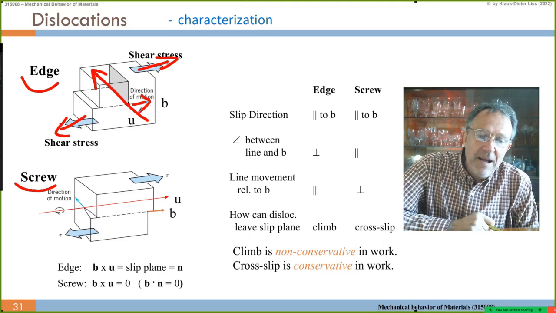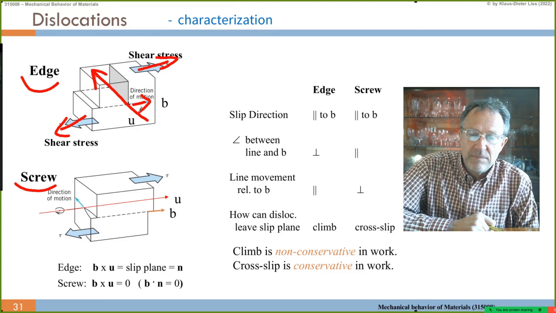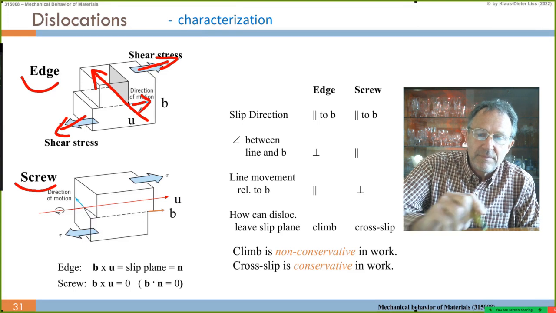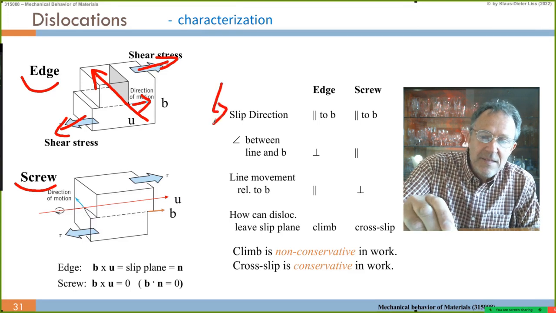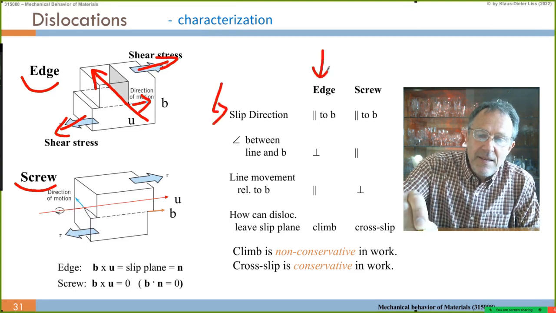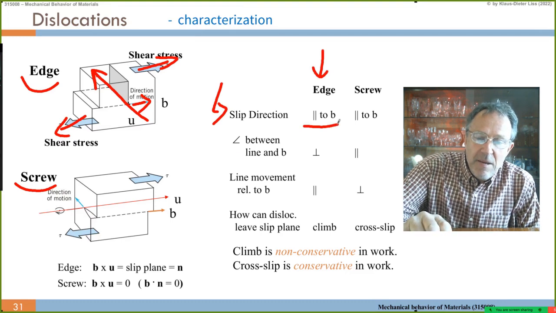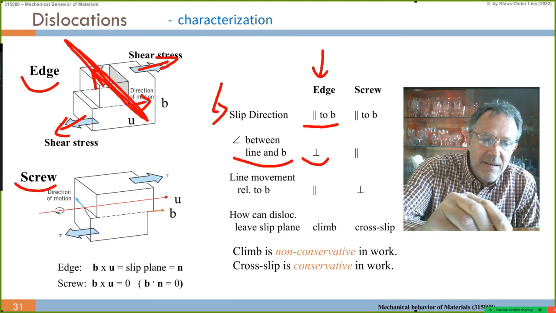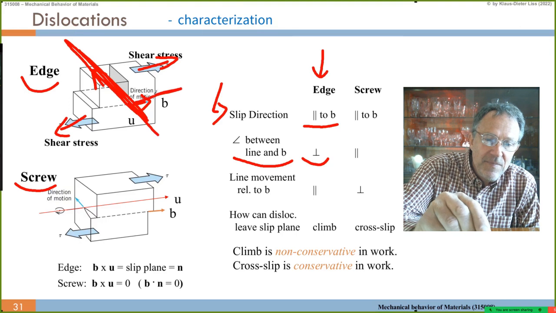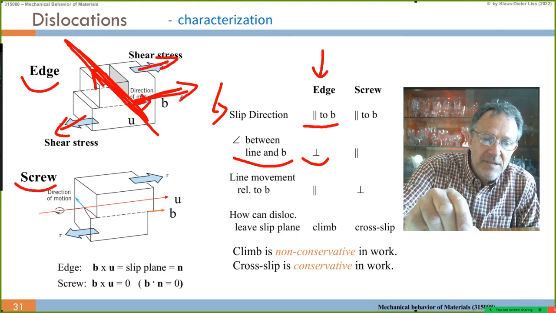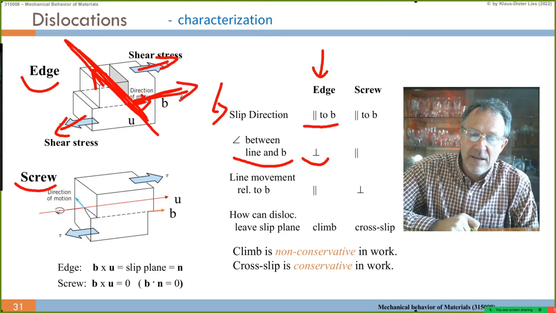So it's parallel to the Burgers vector. The slip direction in the edge is parallel to the Burgers vector, but it is perpendicular to the dislocation line. So the dislocation line is this direction, while the slip direction is that direction, the Burgers vector.